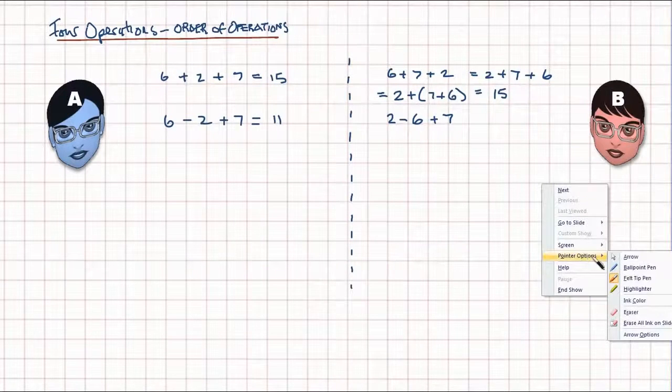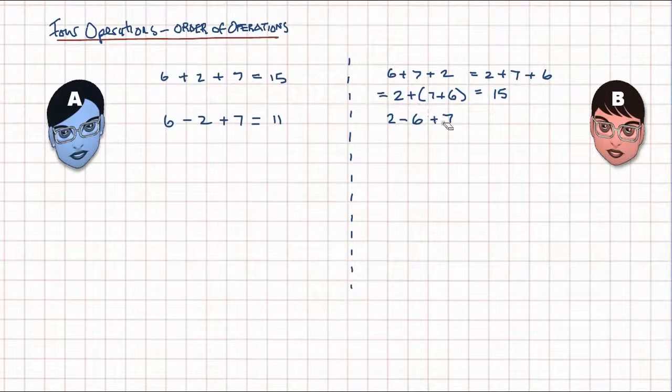Okay, so what person B needs to realize is that yes, you've got a lot of freedom when you've got addition, but when you're mixing in subtraction, you need to be a little bit more cautious. So what they can do is say, well, I'm always going to subtract the 2, so it's like adding -2. It's exactly the same as adding -2. And now they can quite happily change the order.